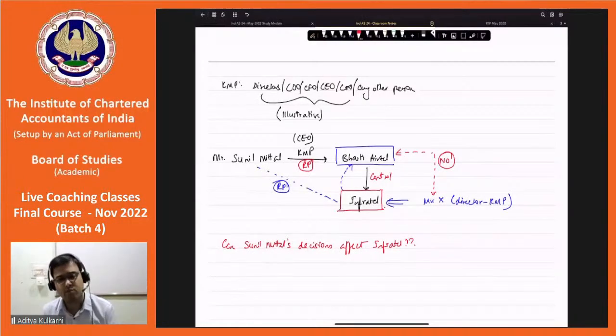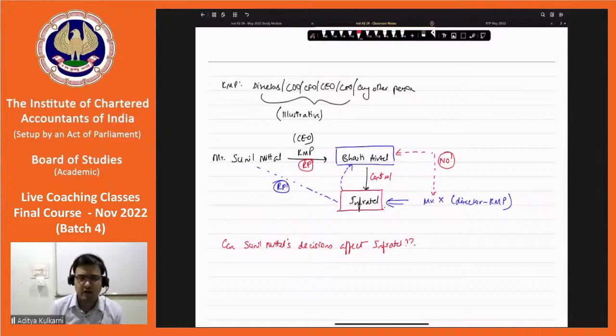That does not make you and Mukesh Ambani related to each other. So in the same way, Bharti Airtel will delegate the responsibility to X. Agreed. But that does not make them related parties. It is just an appointment of directors. When you appoint directors, you do not become related parties.